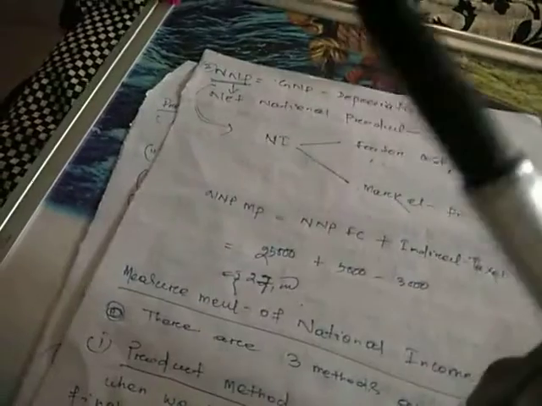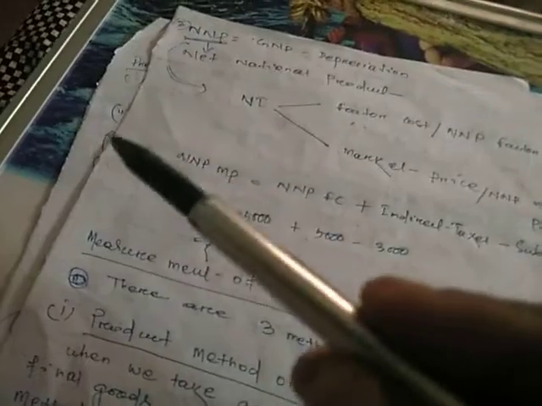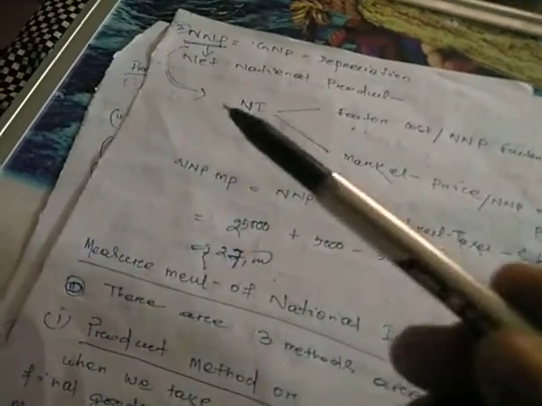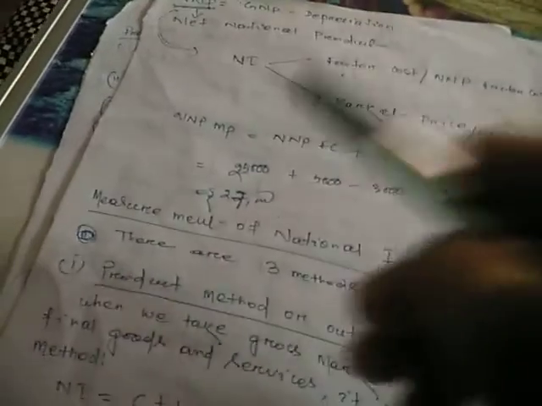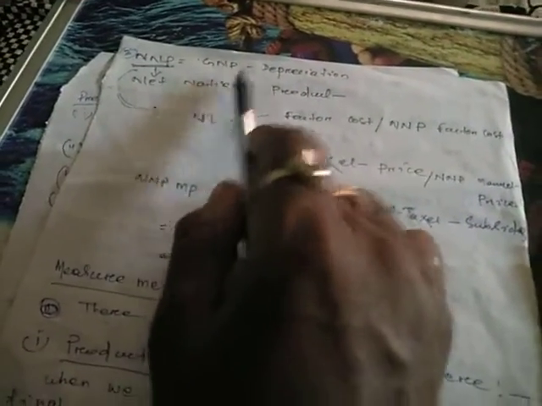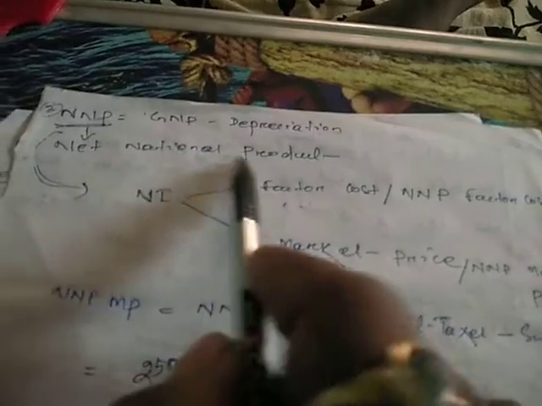It may be 50 rupees, 30 rupees, whatever the amount of value reduced. Suppose 100 rupees was there, if you have to sell this one, 30 rupees. So 70 rupees you have to reduce. That 70 rupees is your depreciation. So when you have to calculate NNP, we must subtract it from GNP. GNP minus depreciation, that is your NNP. That means net national product.